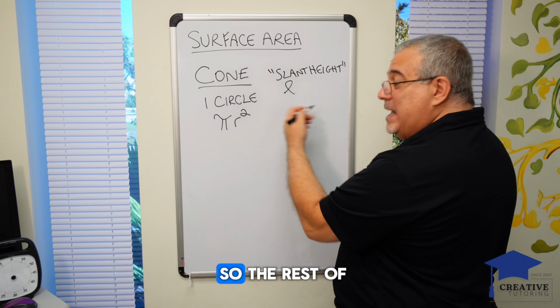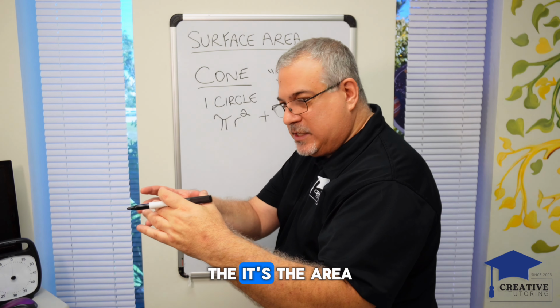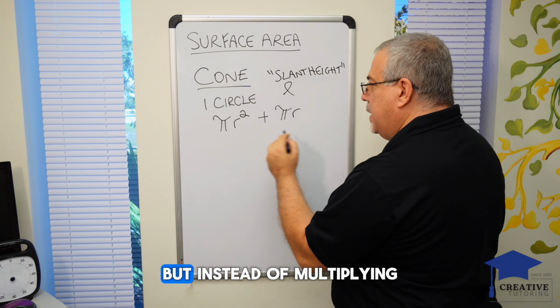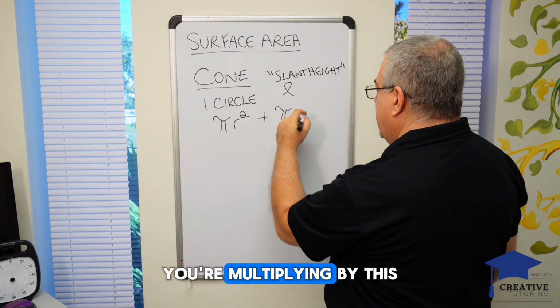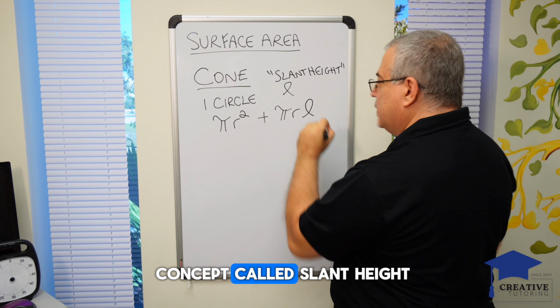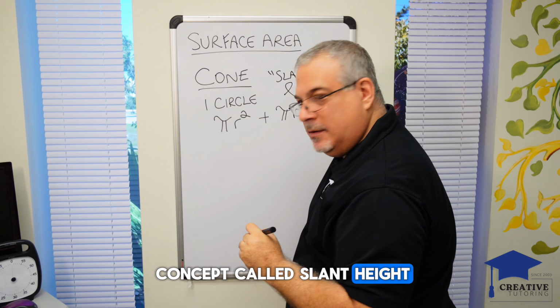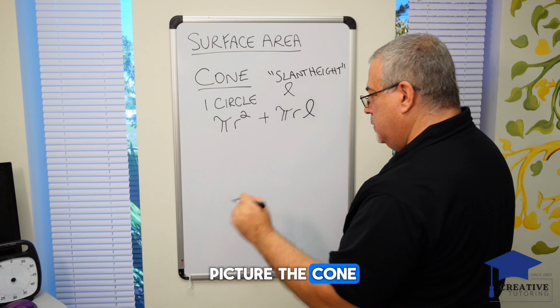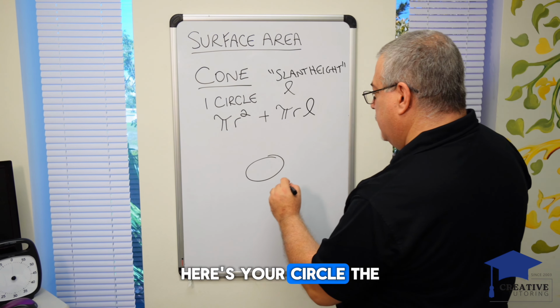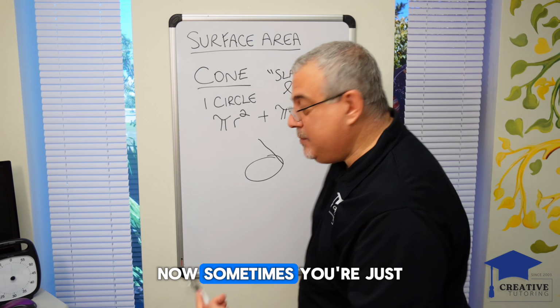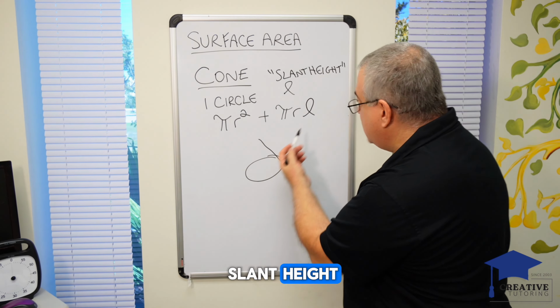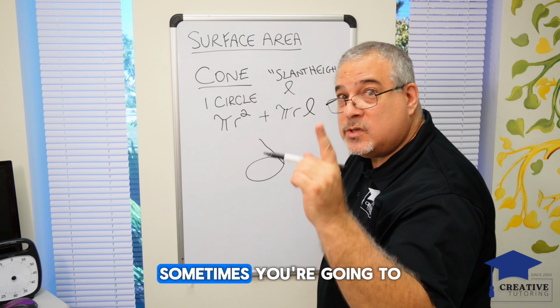So, the rest of the cone, it's the area of the circle, but instead of multiplying the radius twice, you're multiplying by this concept called slant height. And if you could picture the cone, here's your circle, the slant height is going like this. Now sometimes you're just going to be given the slant height, so just follow the formula.